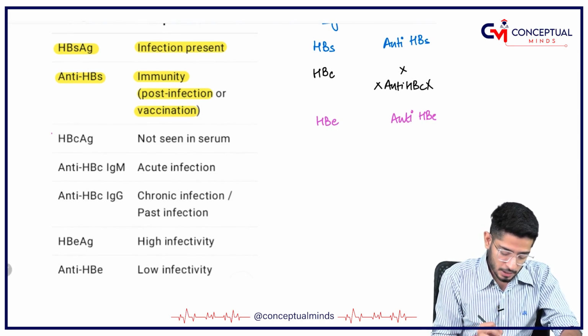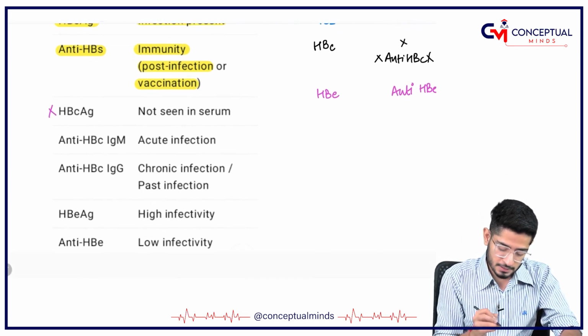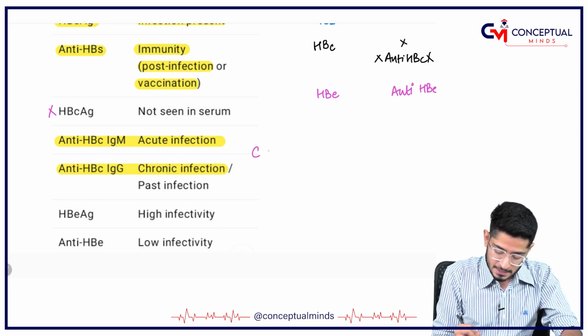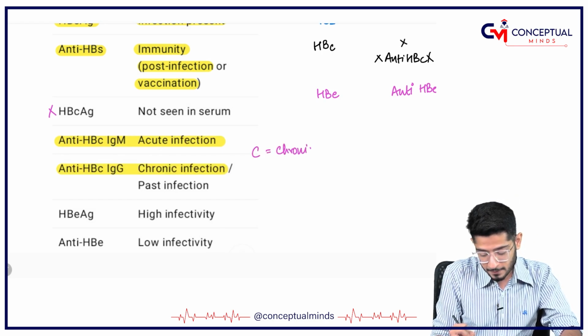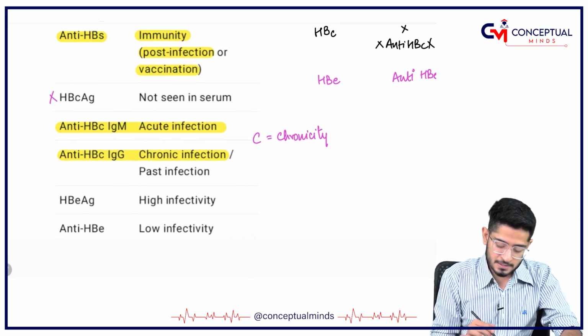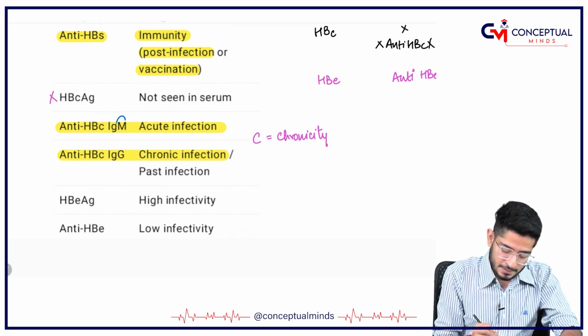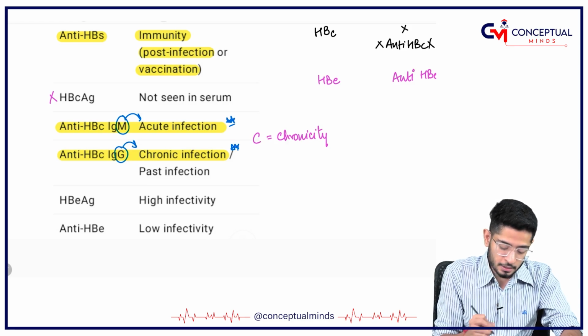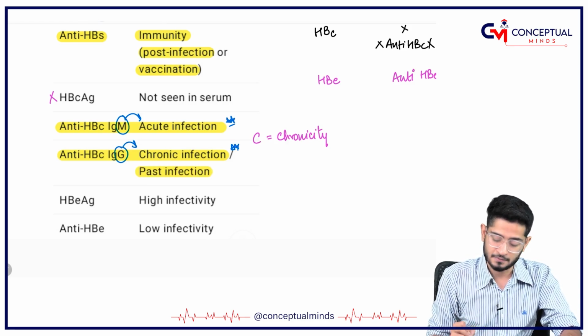HBc antigen is not seen in human body, in the serum. Anti-HBc IgM and anti-HBc IgG. So anti-HBc, C stands for chronicity. That means if it is chronic or acute. So anti-HBc, if IgM is present, that means the infection is acute, whereas if IgG is present, that means it is chronic, or you can say it is a past infection.